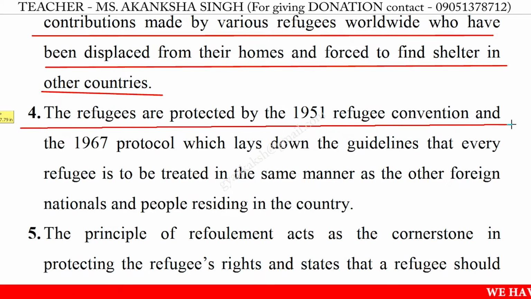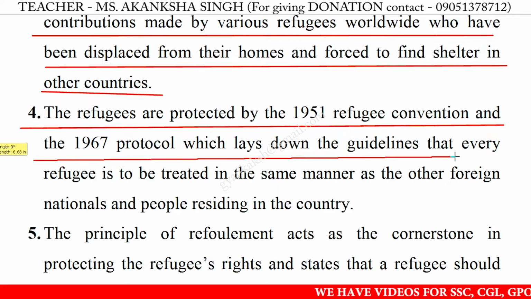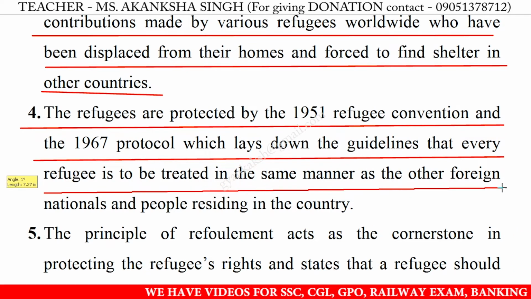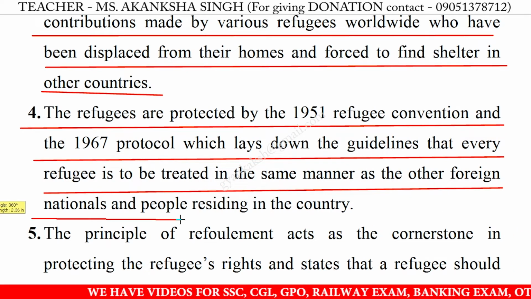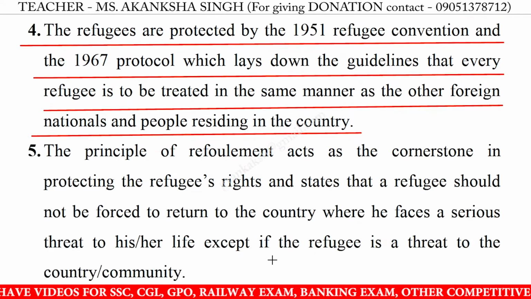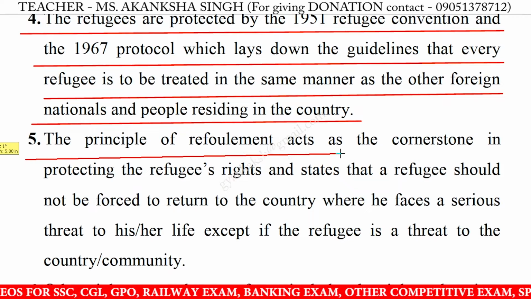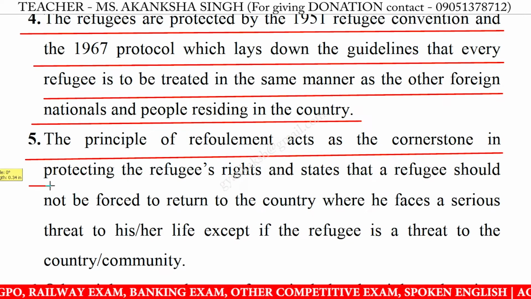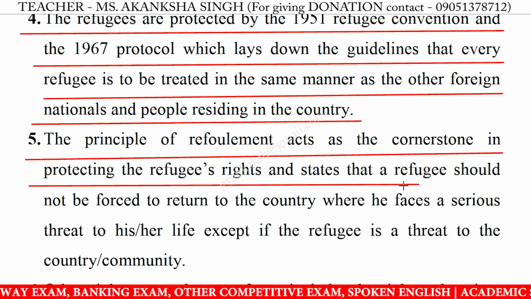The refugees are protected by the 1951 Refugee Convention and the 1967 Protocol, which lays down the guidelines that every refugee is to be treated in the same manner as the other foreign nationals and people residing in the country.